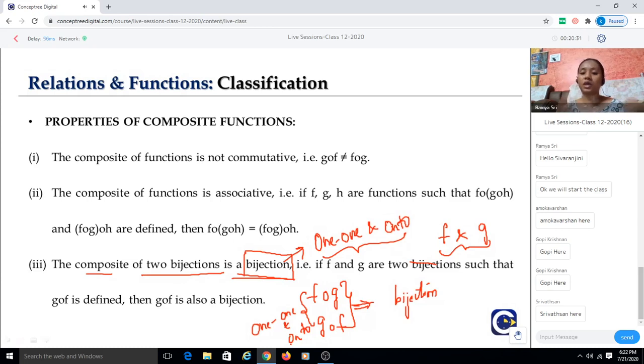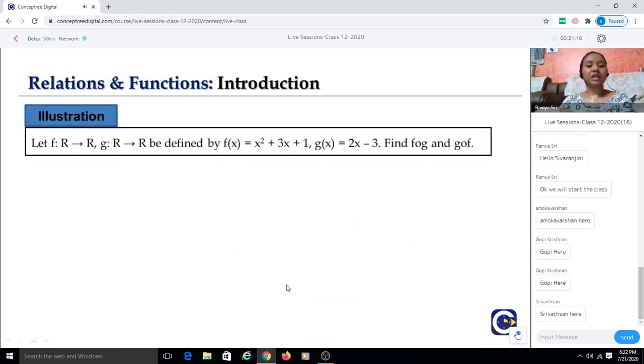Simply we can say, in typical questions we have to check whether it's a bijection or not. If we know the given standard functions themselves are bijections, then we can easily say the composite of those two bijections is a bijection. So these are our basic and important properties of composite functions, which state that composite functions are not commutative but associative, and the composite of any two bijections will again be a bijection, right?